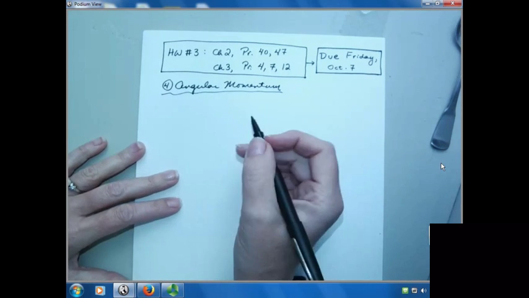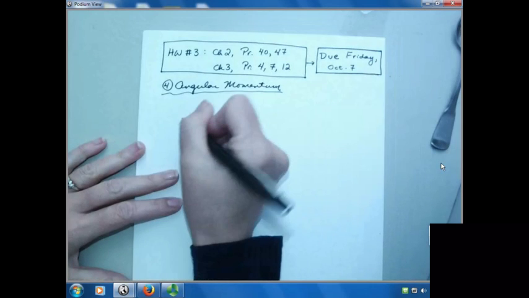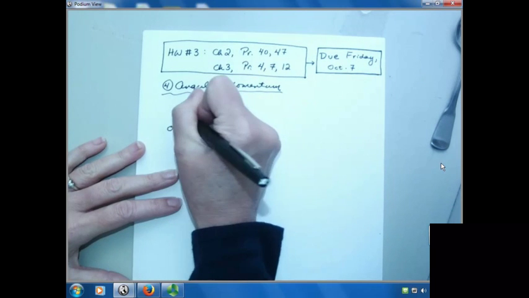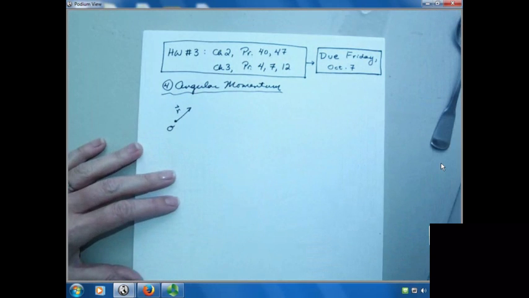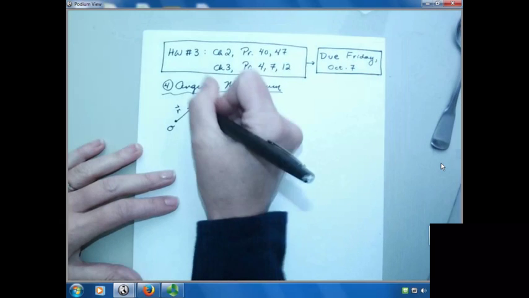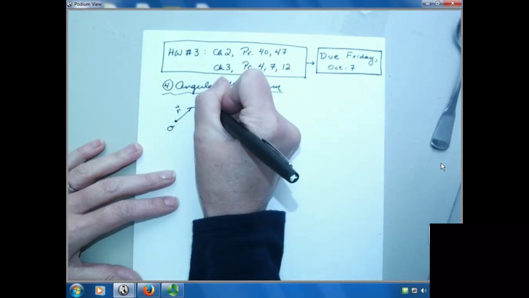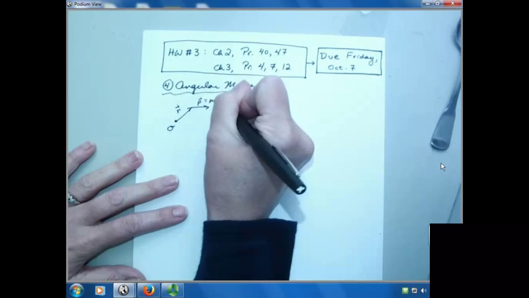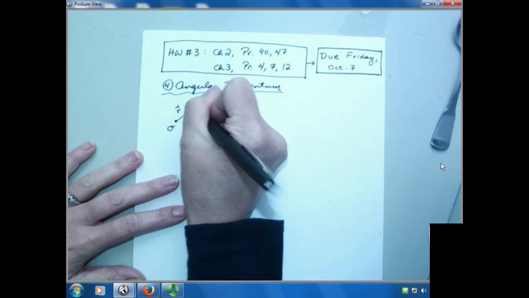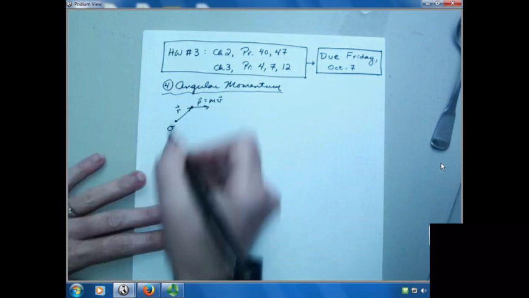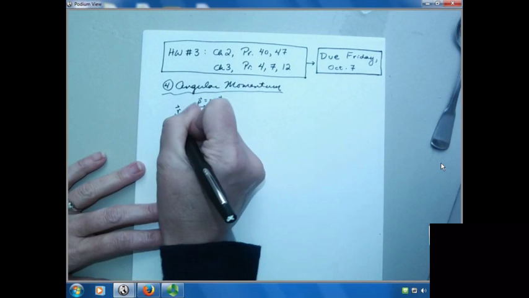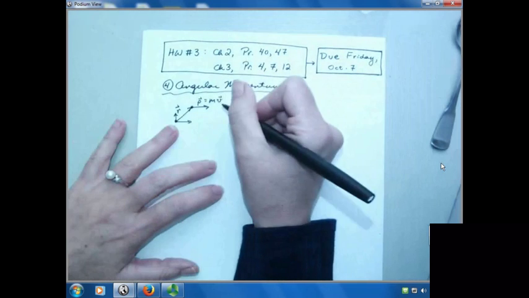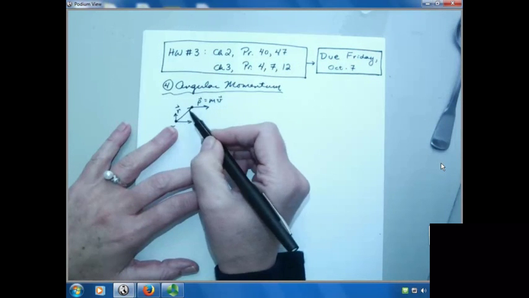Let's say there is a particle located at some location r that is moving with some momentum p, where momentum is mass times velocity. So there's the particle there, and this is just the origin of my coordinate system. In that case, this object has some angular momentum about the origin.